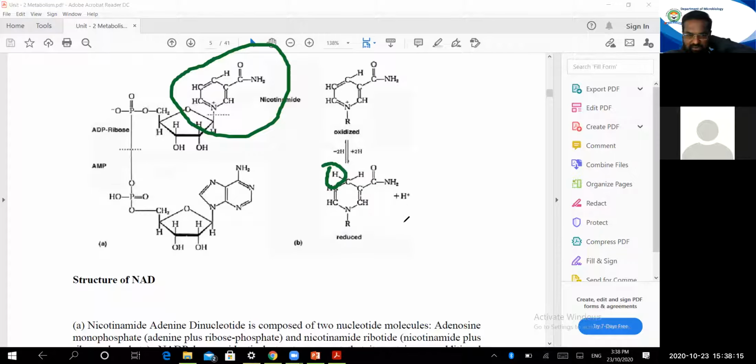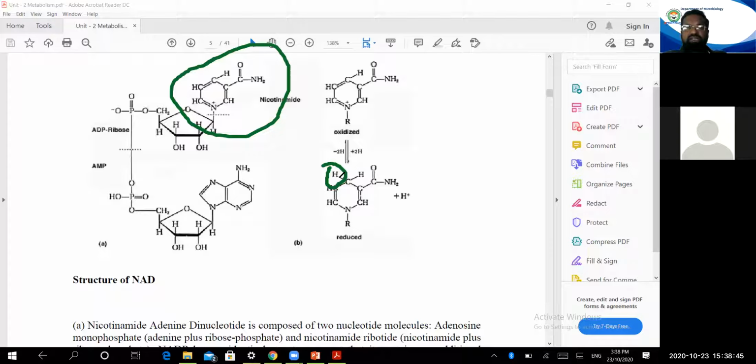Now, this NAD becomes NADH2. NAD is the oxidized form, and this NADH2 is the reduced form of the molecule. Now, what has happened? An oxidation reaction occurred. Hydrogen ion is removed from the substrate, and that hydrogen is taken up by this NAD molecule.